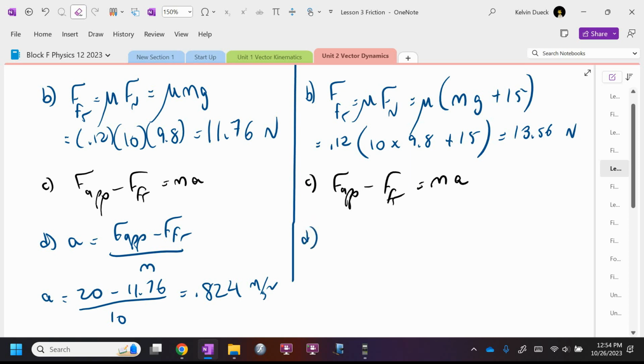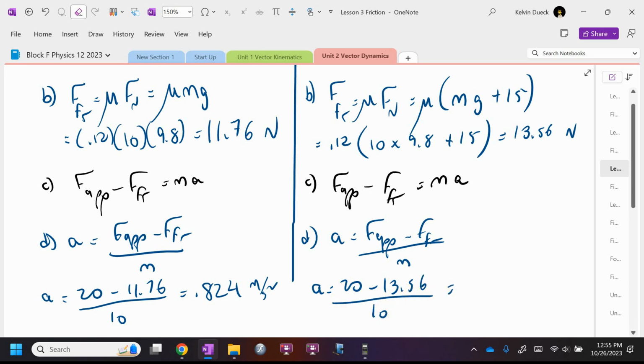And over here on the right, it's also going to be a equals F applied minus friction, all over m. Same equation, because as Jacob pointed out, the original is the same equation. In fact, it's going to be a equals 20 minus 13.56, divided by 10.